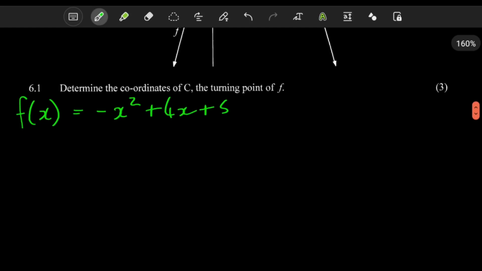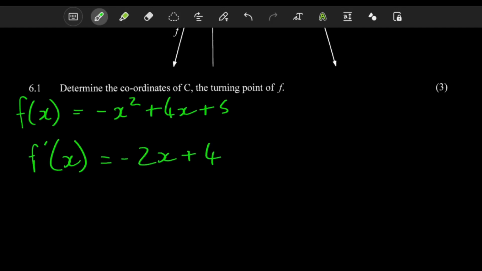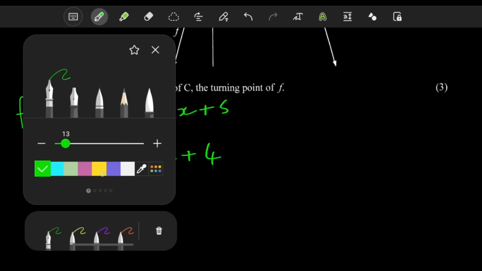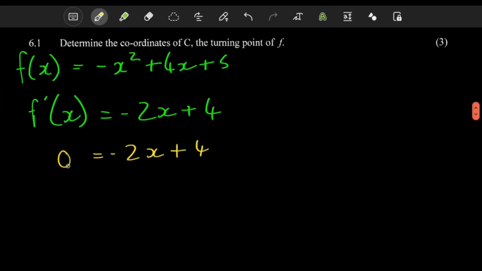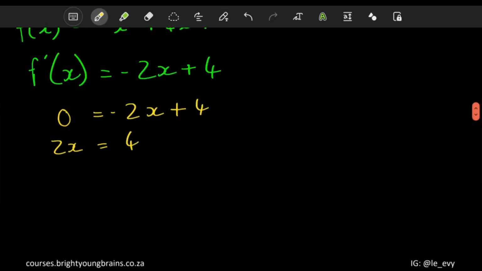To get the turning point, you differentiate your equation to get the gradient equation. The turning point is a point where the gradient is 0, so we set the gradient to 0 to find the x value where the gradient is 0. That x value is going to be the x value of the turning point.